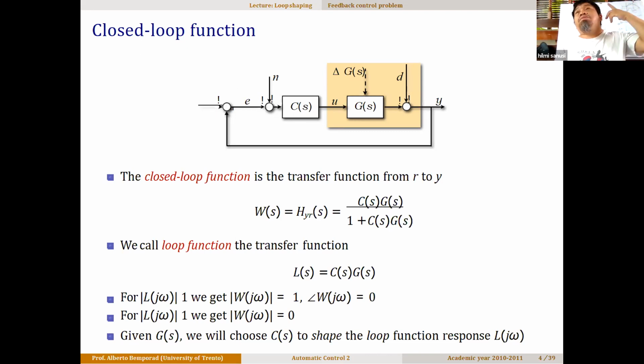Kalau kita tengok yang sebelum ni, PID, kita tengok apa? Kita tengok dia punya poles dengan zero. Sama juga macam dalam your lead lag compensator. Kita tengok dia punya lead, kita tengok dia punya poles, kita tengok dia punya zero. So sekarang ni apa kita nak buat? Kita tukar semua dalam frequency domain.